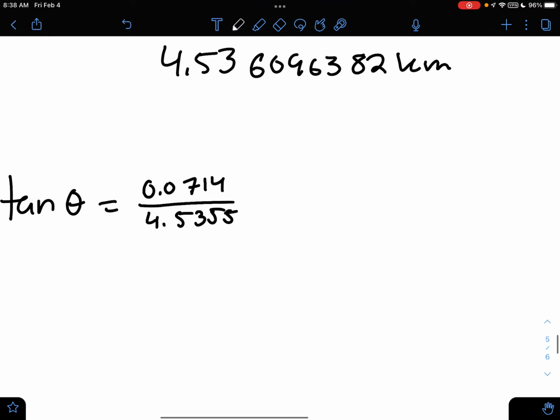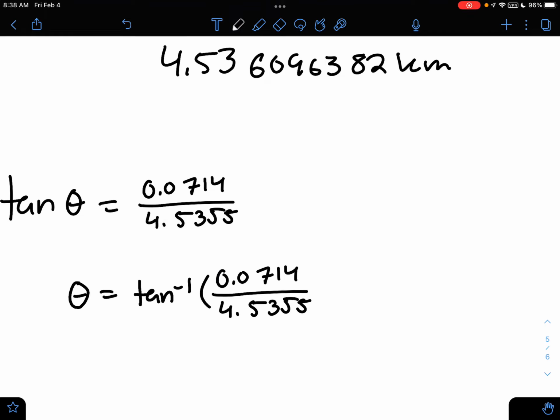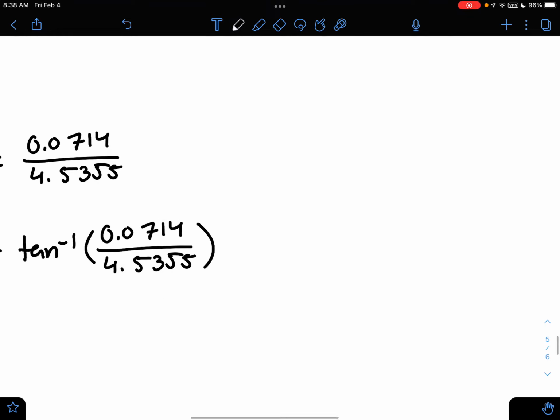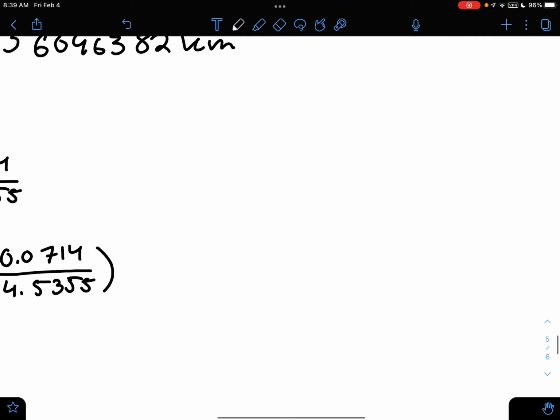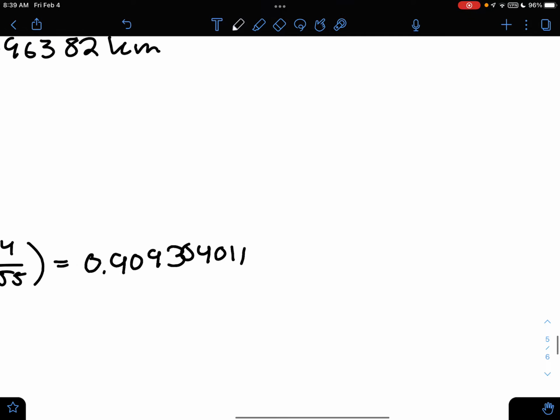So that means that our theta is our inverse tan of that. And again, we can use a calculator for all of our trig stuff. So that's going to give us that our theta is 0.909304011 degrees, right?